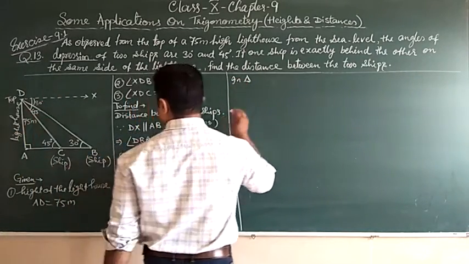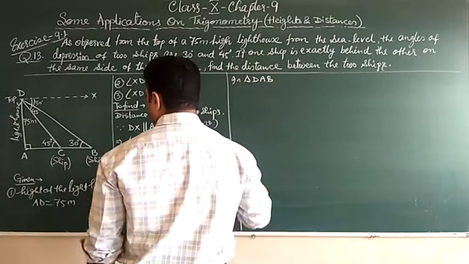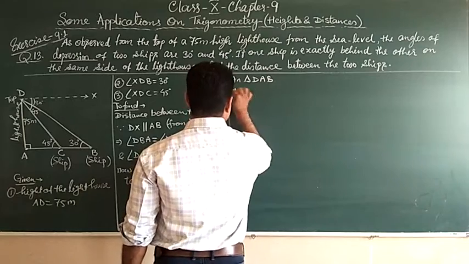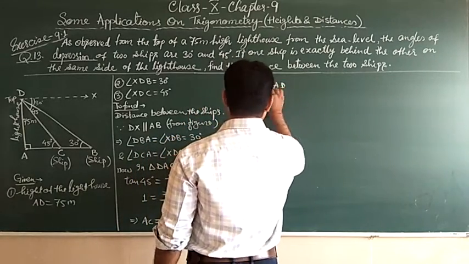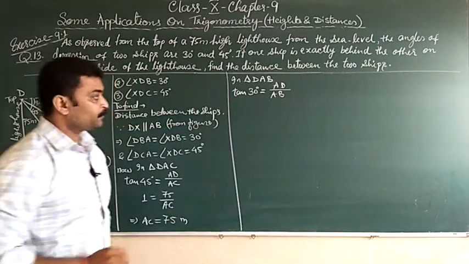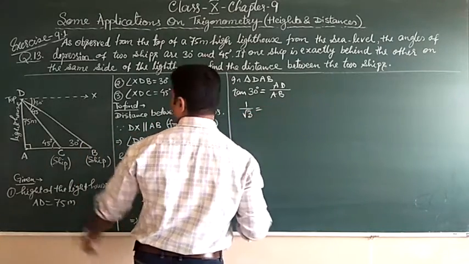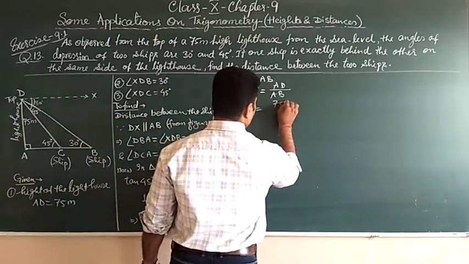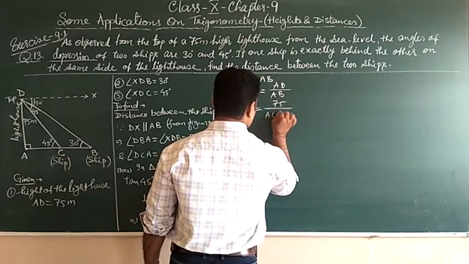Now, in big triangle DAB, what is tan 30 degree? It is equal to AD upon AB. Tan 30 is 1 upon root 3, equal to AD, that is 75, upon AB, that means AC plus BC.